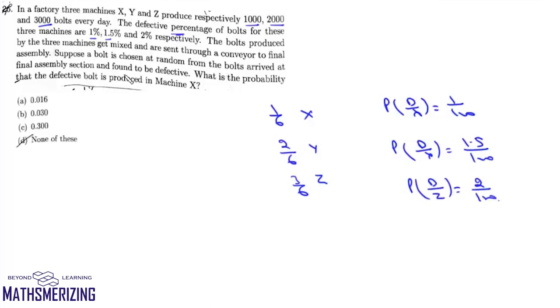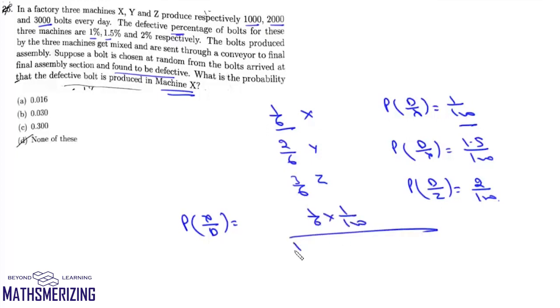Now it says a bolt is found to be defective. What is the probability that this bolt is produced in machine X? So it's a Bayes theorem question. So if it is defective, it came from machine X. So we'll take this case in the numerator. So it will be 1 by 6 into 1 by 100 upon 1 by 6 into 1 by 100 plus 2 by 6 into 1.5 by 100 plus 3 by 6 into 2 by 100.